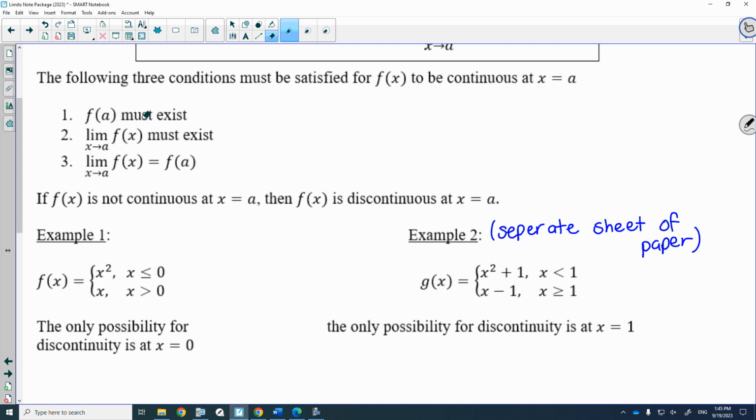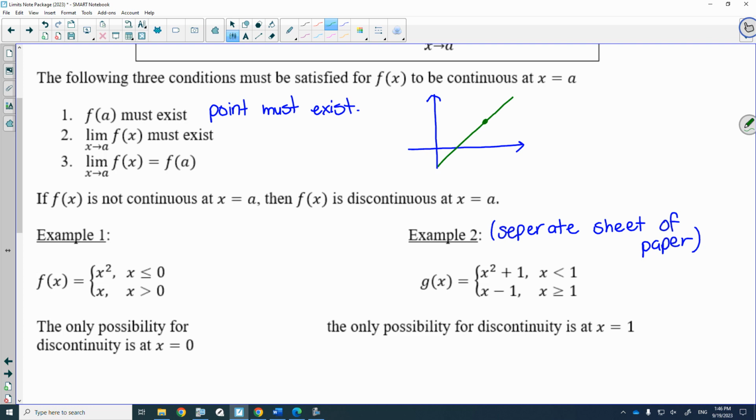What that means, this first bullet, is the point must exist. There can't be a hole. For example, if I gave you a graph, and let's say this was my graph right here, and I say this is a, and that's 4.